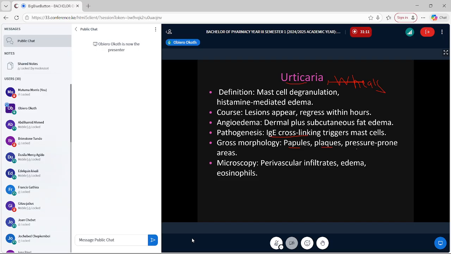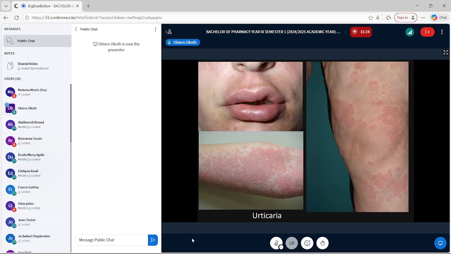Then you have perivascular infiltrate, you have edema, and of course you see neutrophils. When you see neutrophils, you're dealing with that type 1 hypersensitivity response. This is a swelling of the lips, also part of a type 1 hypersensitivity response. This is angioedema.